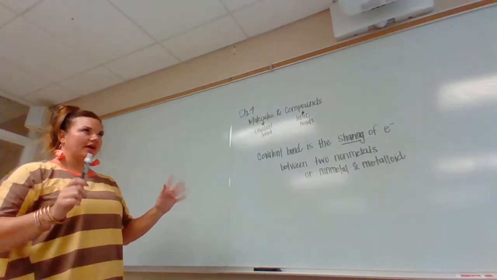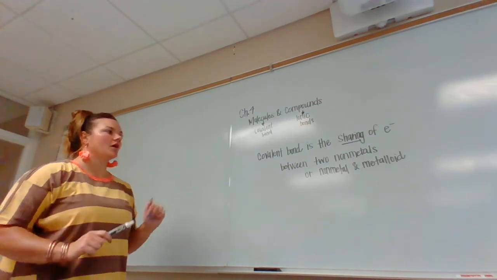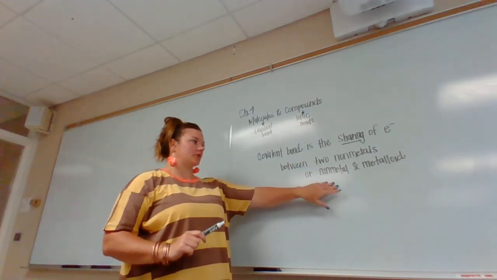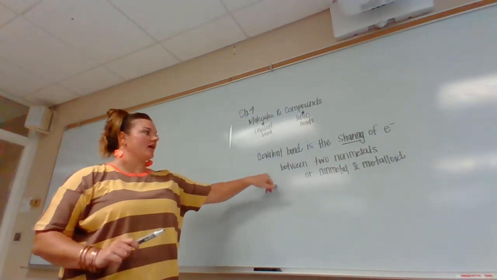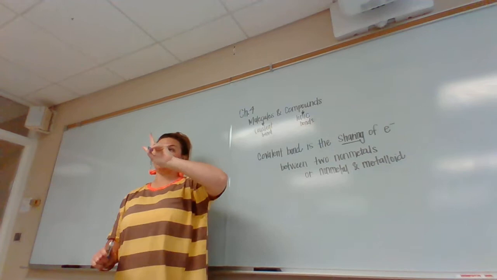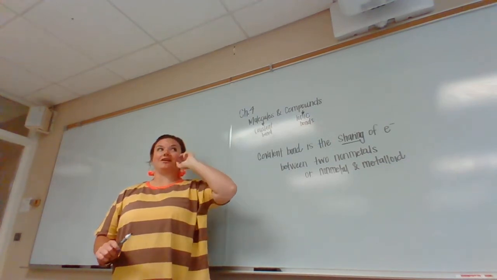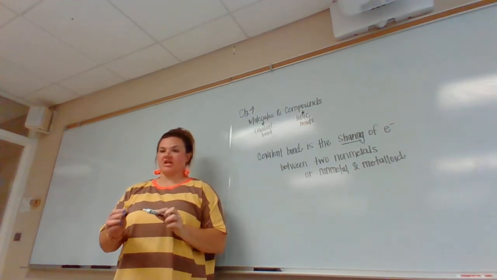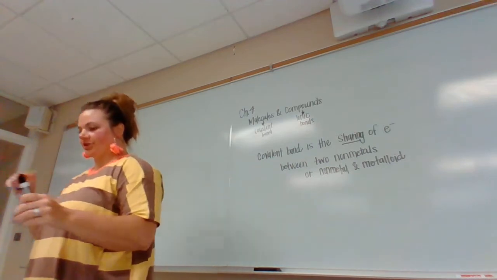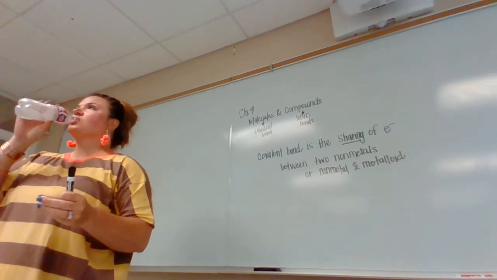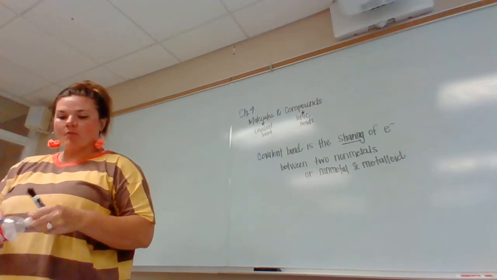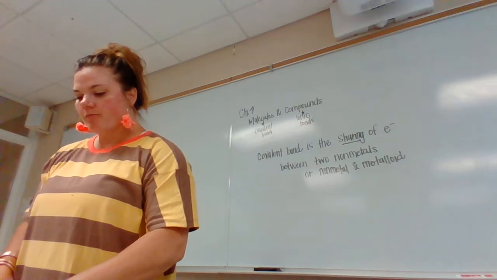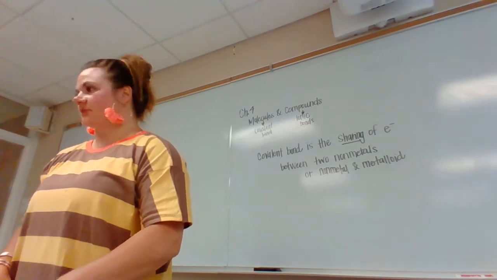The only elements that are good at sharing are your nonmetals and/or your nonmetal and a metalloid. So a covalent compound is either going to be between two nonmetals or between a nonmetal and a metalloid. Never a metal. And the metalloids are the black box that I have marked out on your periodic table. I'm guessing the transition metals are ionic. Yes.